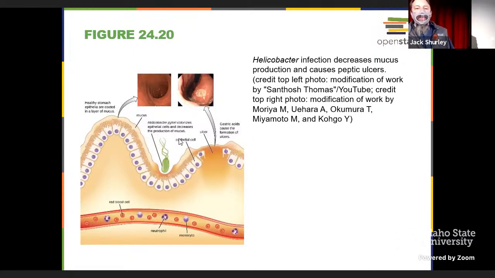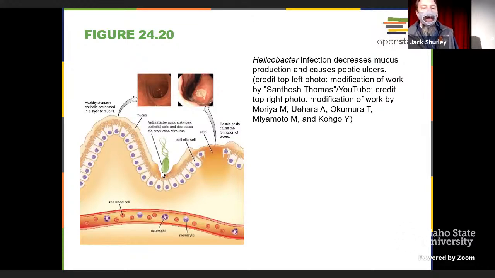So the Helicobacter gets in and it causes a decrease in mucus production. It also has some buffering capacity that it can create kind of a shield, a barrier from the hydrochloric acids within the stomach, protecting itself.